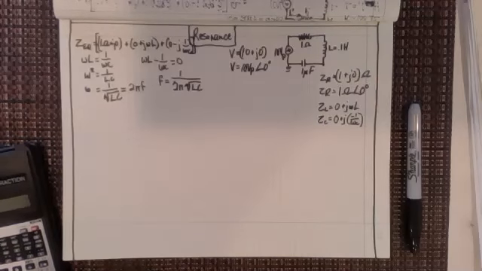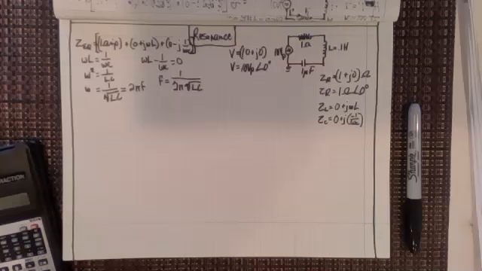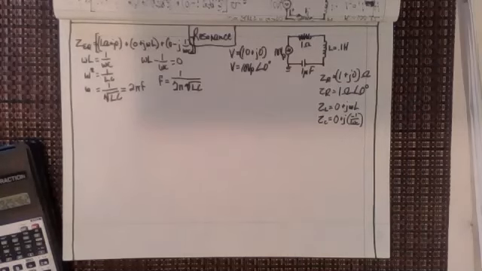So 2 times 3.14159 times the square root of 0.1 times 1 exponent minus 6, equals 1 over that, equals 503.